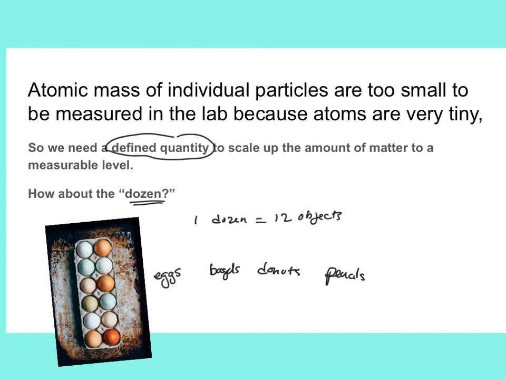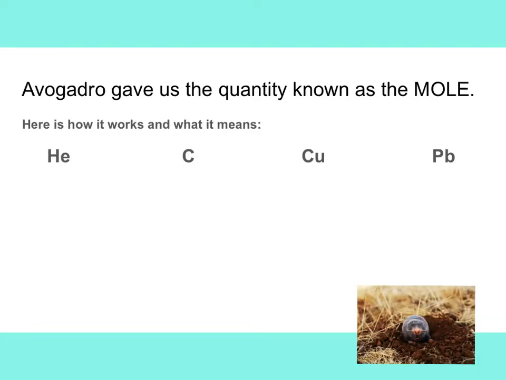Those objects are not huge, but they're not super, super tiny. A scientist named Avogadro gave us the quantity that we will use in this class, and that quantity is known as the mole. Not this mole, okay, but I don't know why he called it the mole, but there you have it, okay? Kind of relates to molecule.